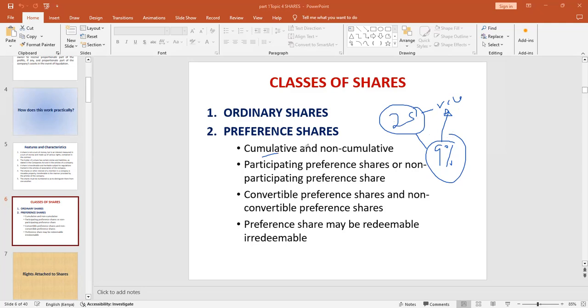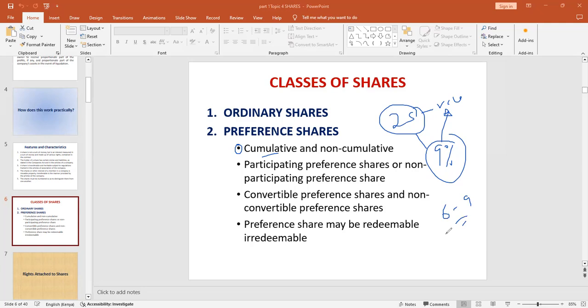Meaning every year, since we do this yearly, the person who owns these shares has to be paid a certain interest on the value that they bought those shares with. So if it is 200,000, and usually the numbers for most companies are between 6 to 9, well, it depends on how you negotiate with the company.